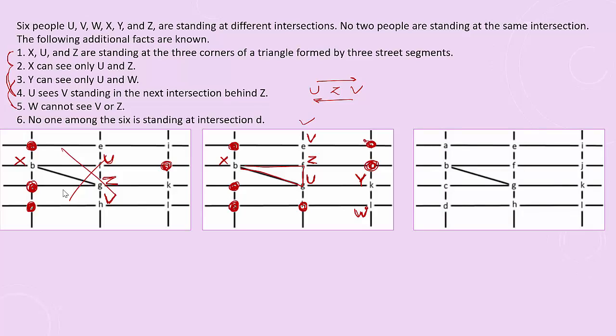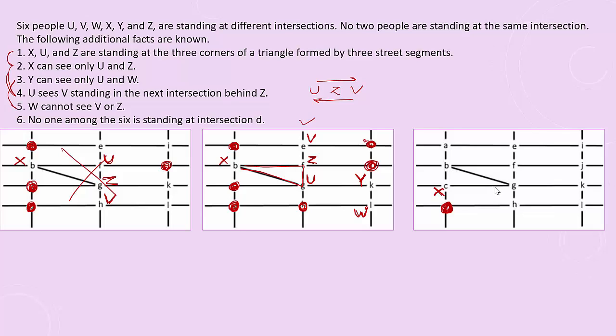So now I have fixed X at these points. Second case is, let's keep X at some other point. Let's keep X here for the time being. So it's already given nobody is here, and U and Z should be at these points here.